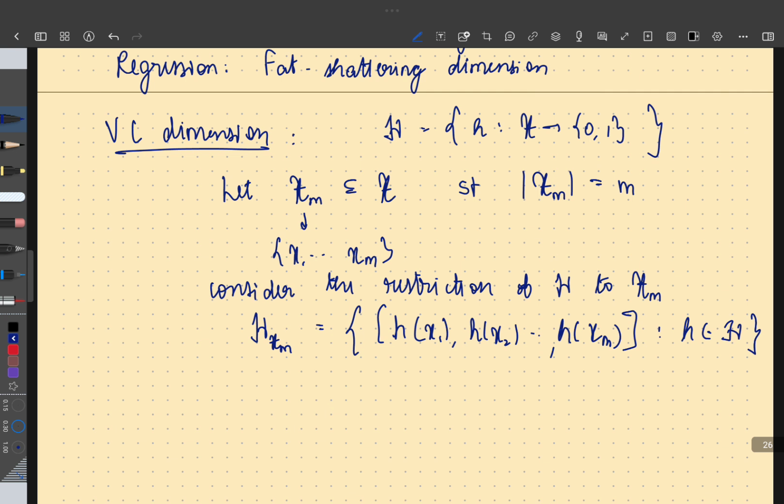But suppose I pick m points. What can be the size of H_Xm? Yeah, 2 to the power m, right? Because this is basically a collection of vectors, and each h(xi) can take either 0 or 1, only 2 different values. So the largest size of H_Xm is just 2 to the power m. There can't be any more distinct vectors in this class.